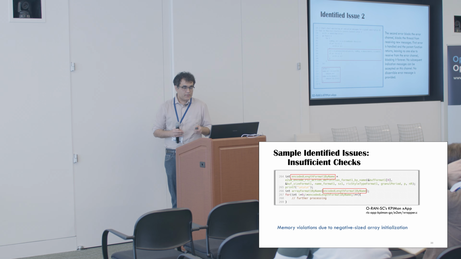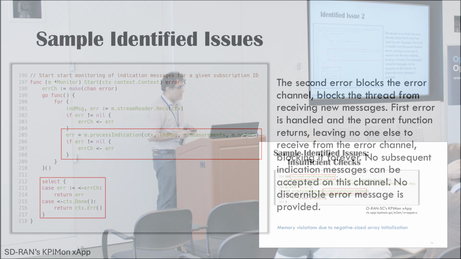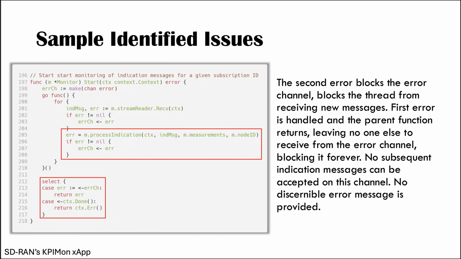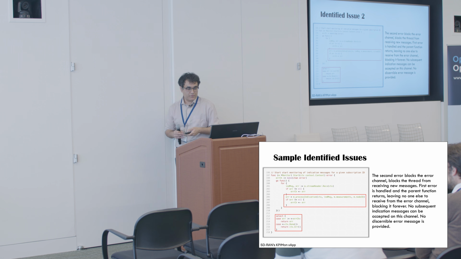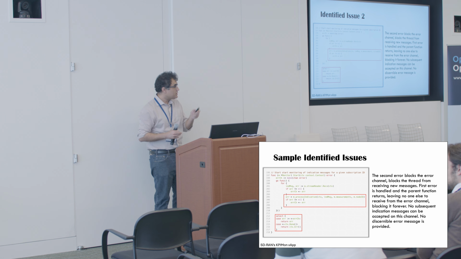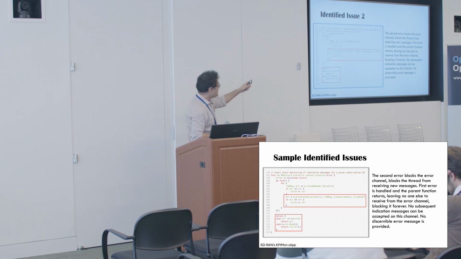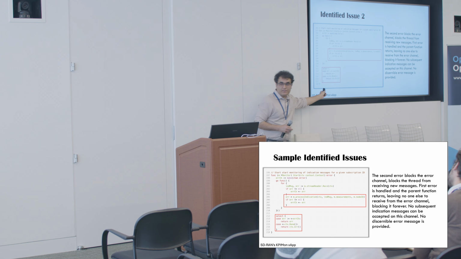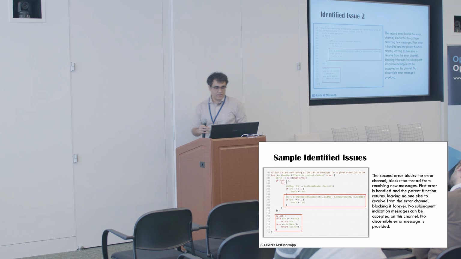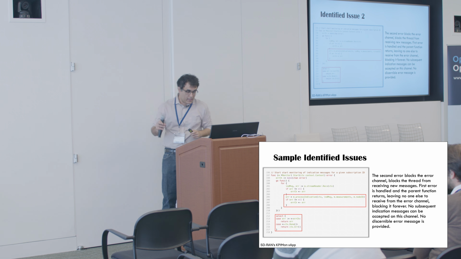The second issue is mostly threading issues. The red box is taking some input and processing that input, and if there is an issue, it raises an error message and communicates it. This is the input processing thread, and this is the main thread. So, the top box is the input processing thread and the bottom box is the main thread.